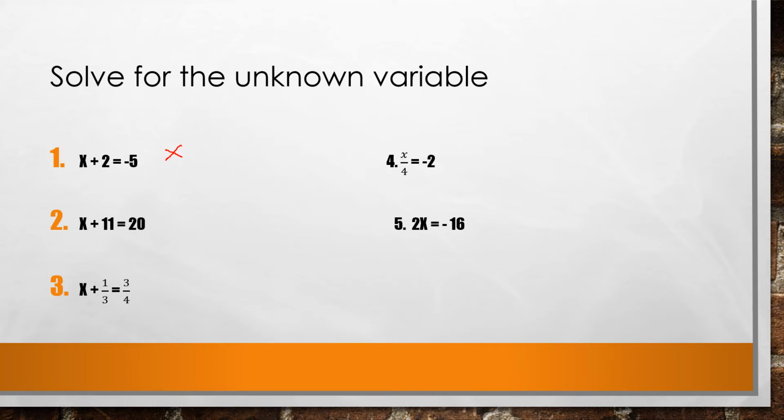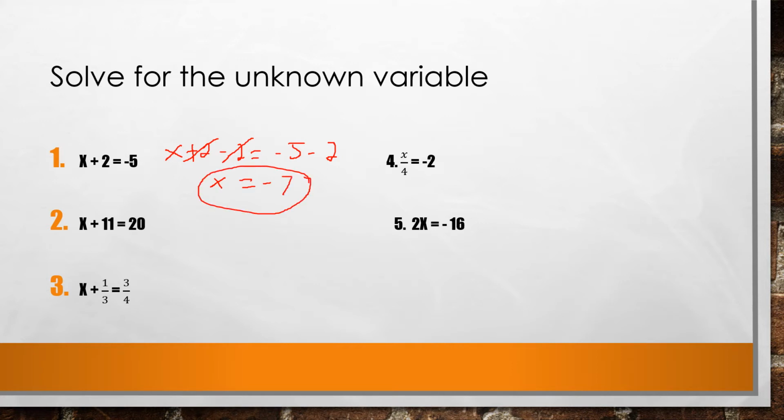We need to subtract both sides by 2. So x plus 2 minus 2 is equals to negative 5 minus 2. So we have x is equals to negative 7. Okay.